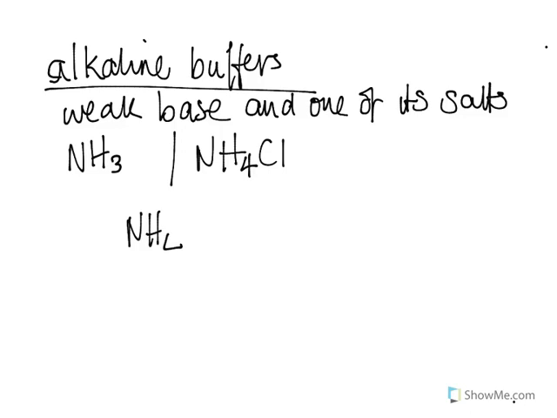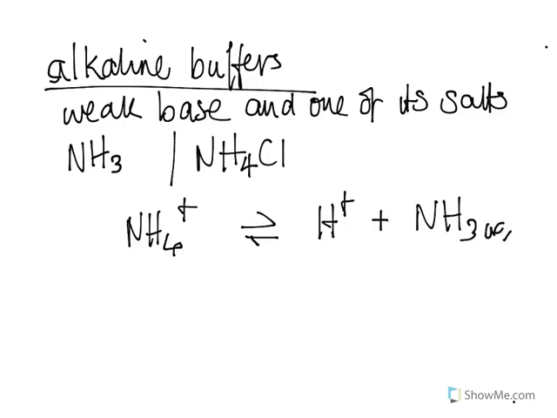So here we would have the salt ion NH4+, and that would be in equilibrium with ammonia, the base, and of course as it's a base it would accept a proton using a Brønsted-Lowry definition.